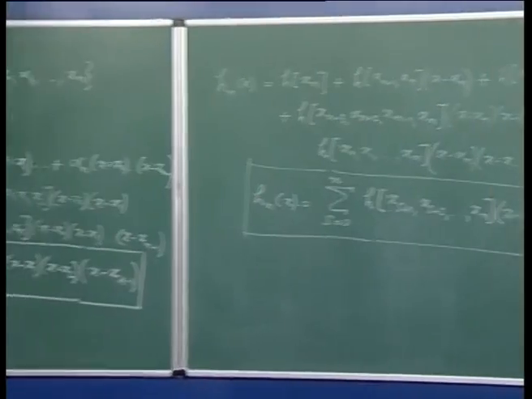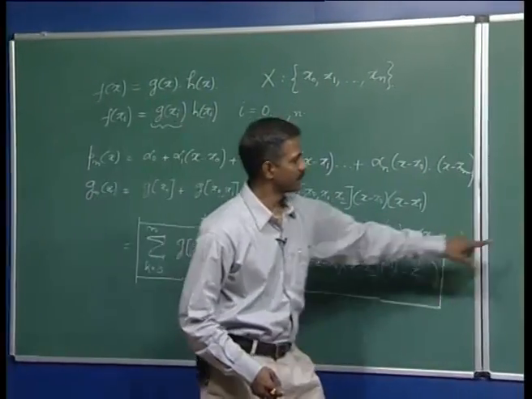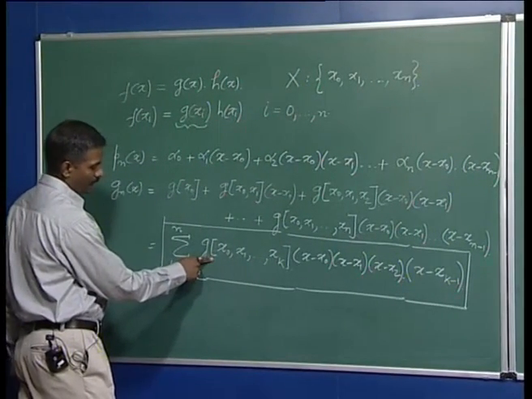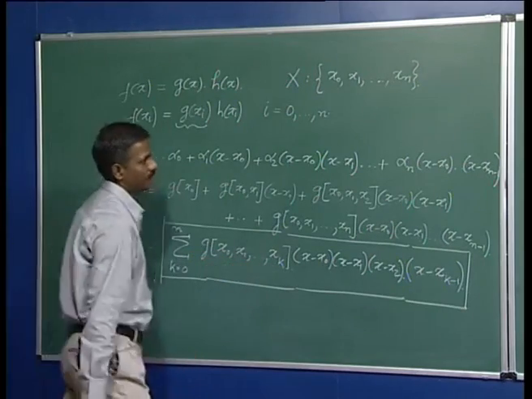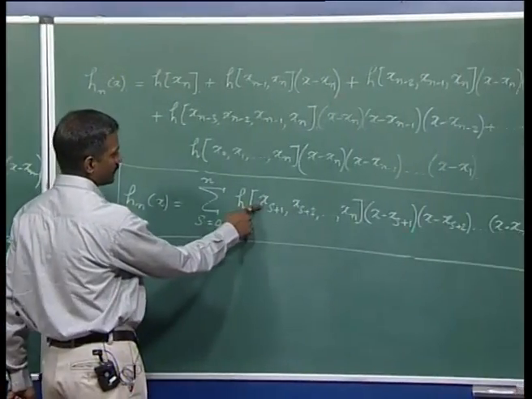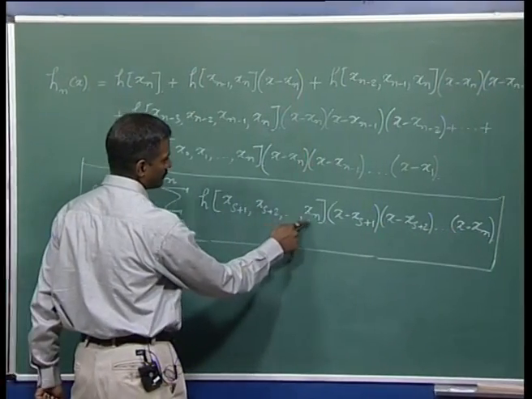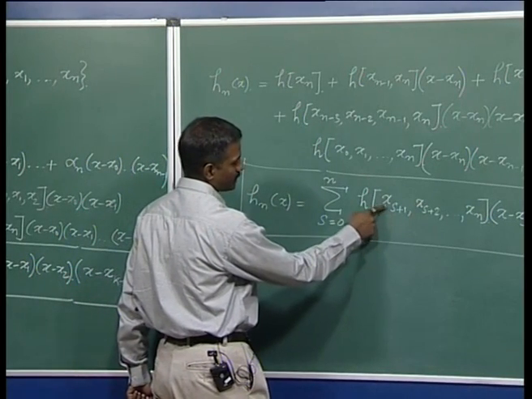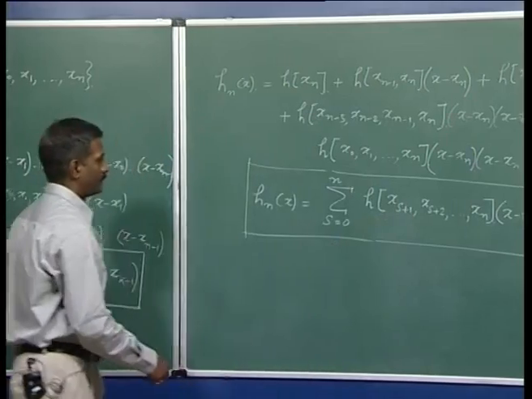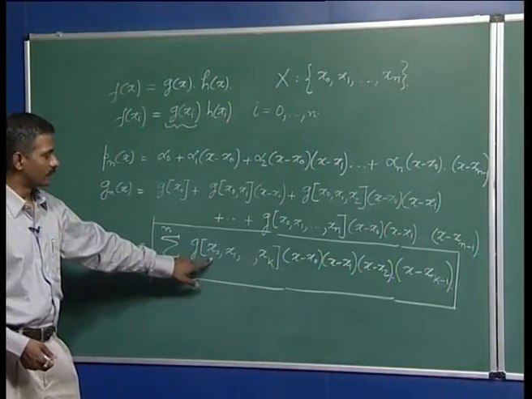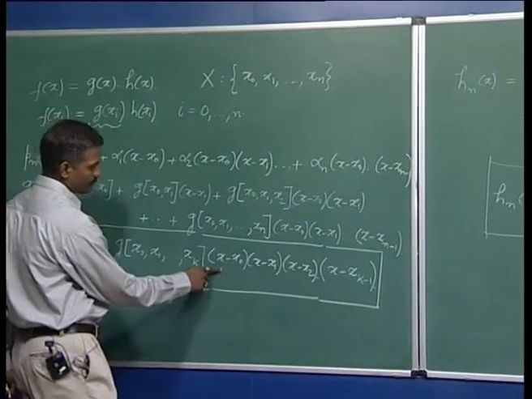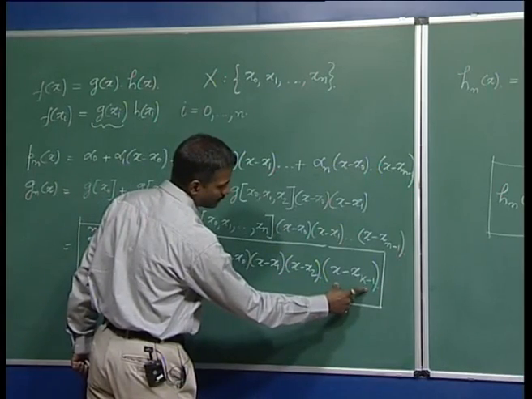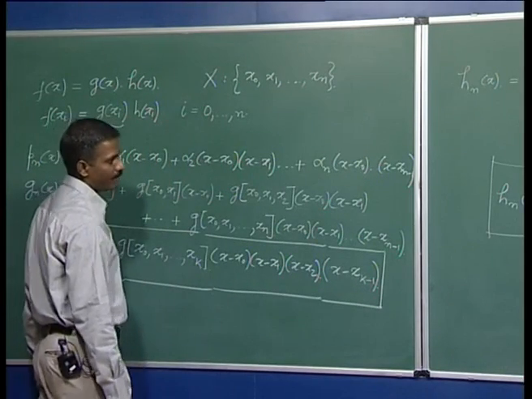Note the difference in these two expressions. The divided difference here involves x0, x1 up till xk. The divided difference here involves xs plus 1, xs plus 2 up till xn. The minimum value of s is 0, so the starting value is x1 here. The starting value here is x0. With regard to these terms, we have here x minus x0, x minus x1 up till the last term as x minus xk minus 1.